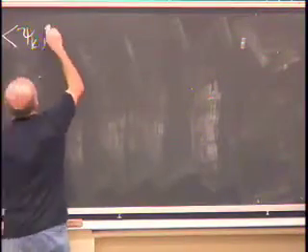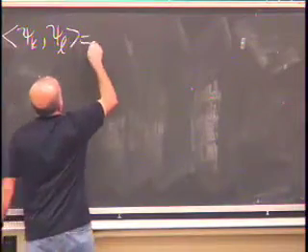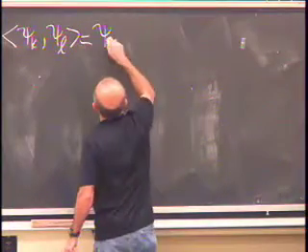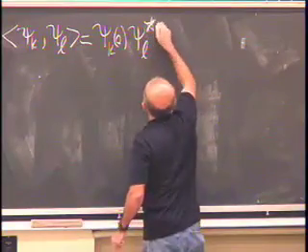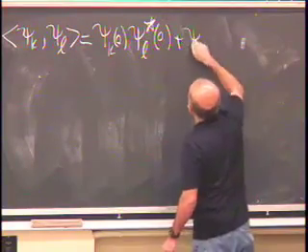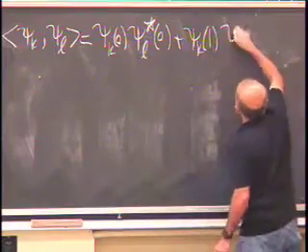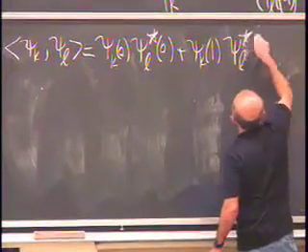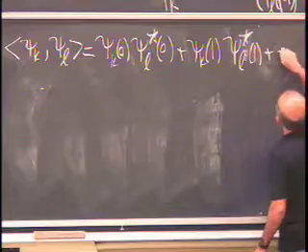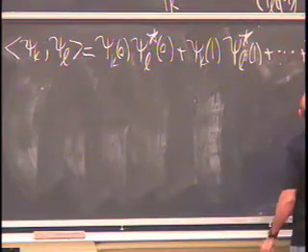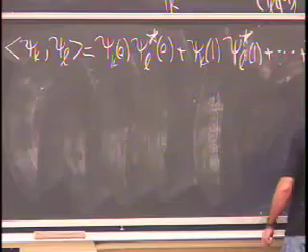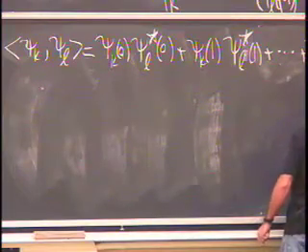Well, what does that give you? It looks like it's giving me CK0, CL conjugate 0, plus CK1, CL conjugate 1, up to CK P minus 1 times CL conjugate P minus 1.